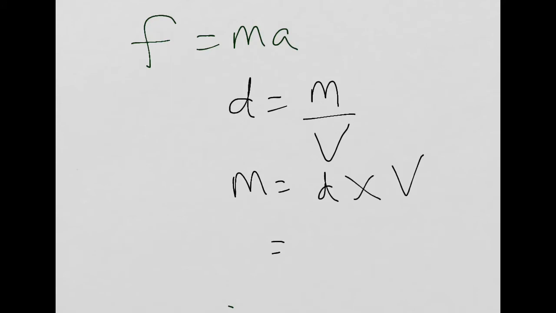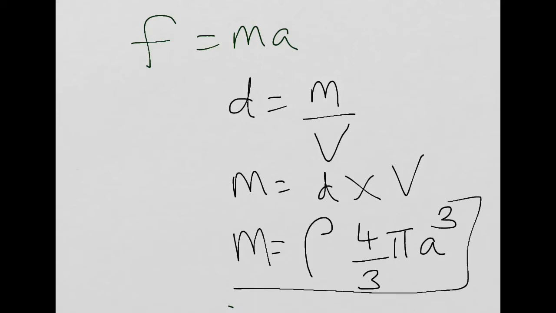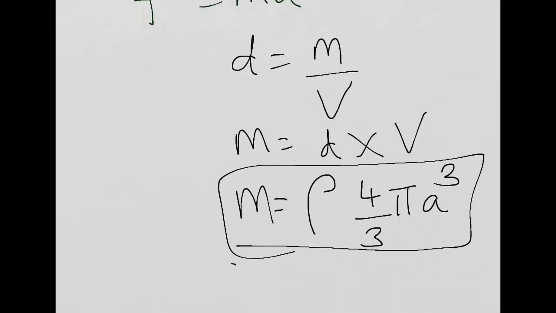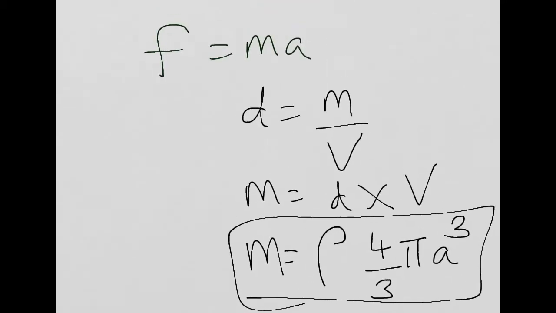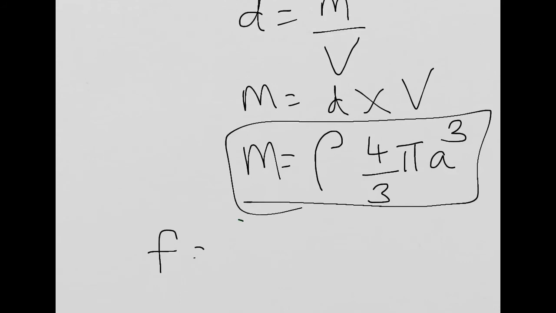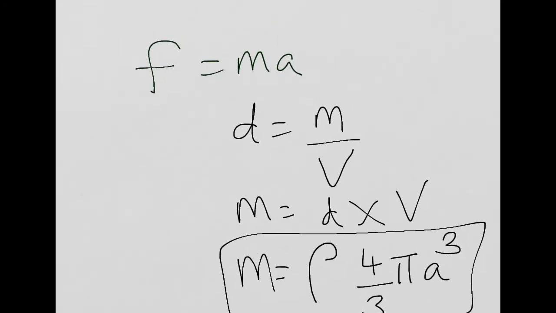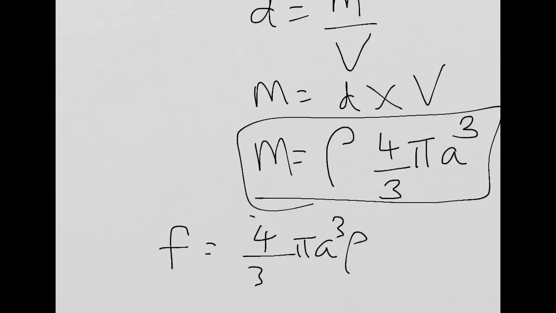Let the density of the oil drop be rho. Taking the volume as that of a sphere, the volume is 4/3 π a³, a being the radius of the oil drop. So instead of mass, I can write 4/3 π a³ ρ, and the force is 4/3 π a³ ρ into acceleration. Due to gravity, I'm going to call it mg, so the acceleration is g.